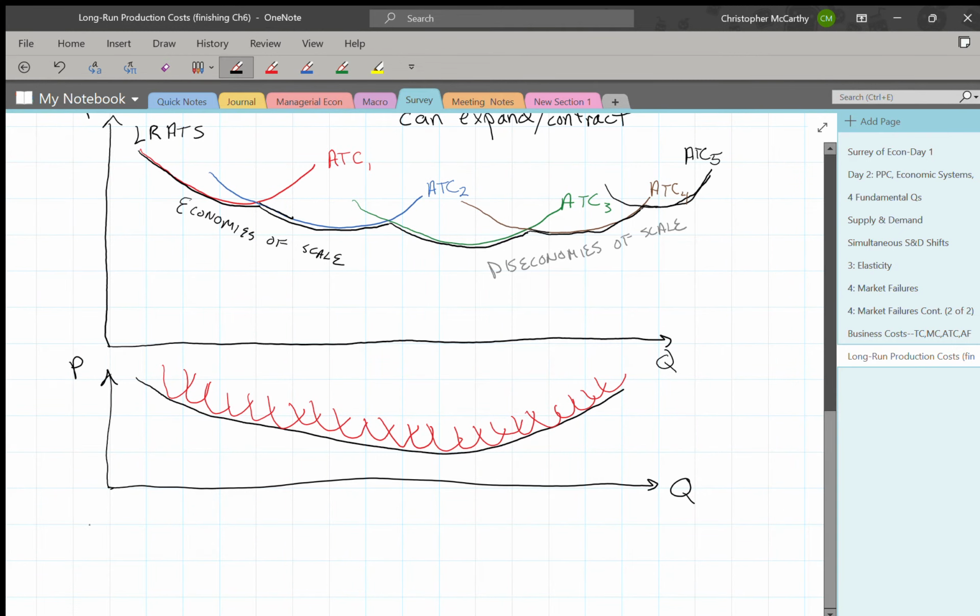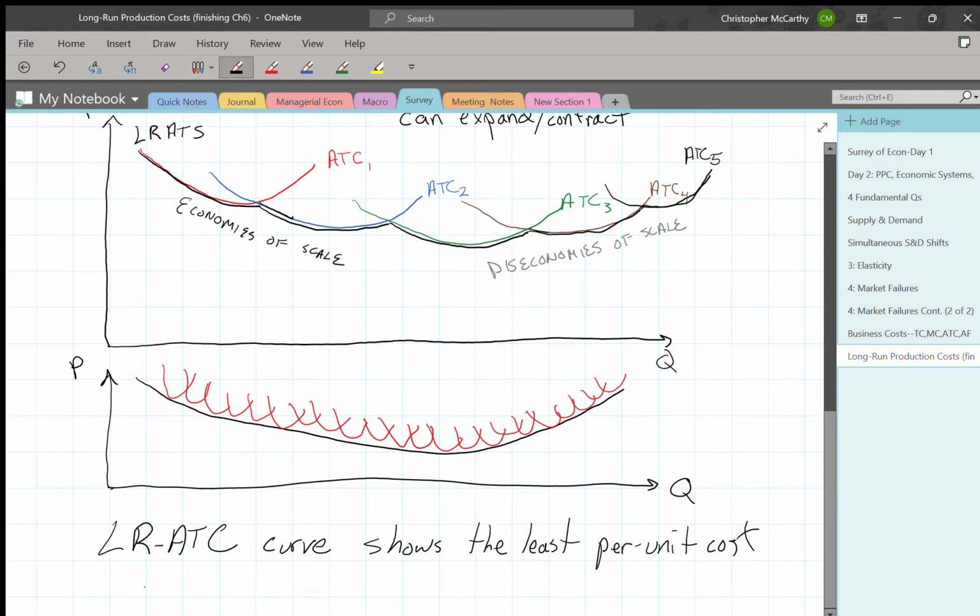So this long-run ATC curve shows the least per unit cost at which any output can be produced.